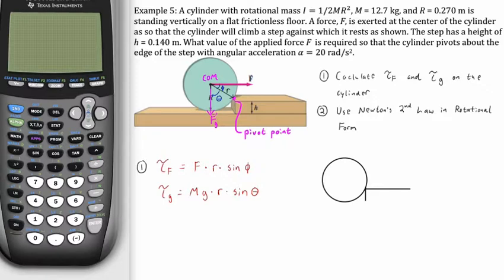Okay, so now let's make a triangle. So we know that this here is equal to r, right? So the distance from the center to the contact point with the ground. And then we know that this one's also equal to r.